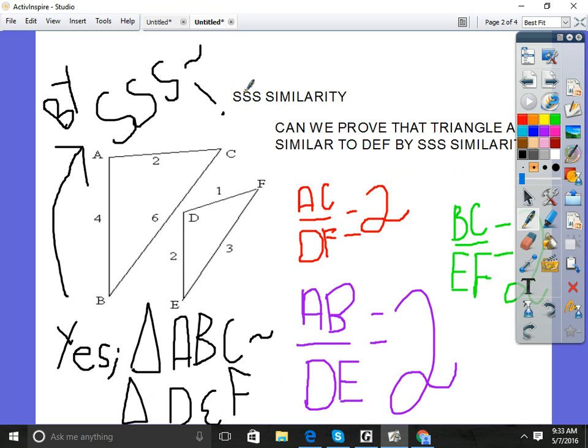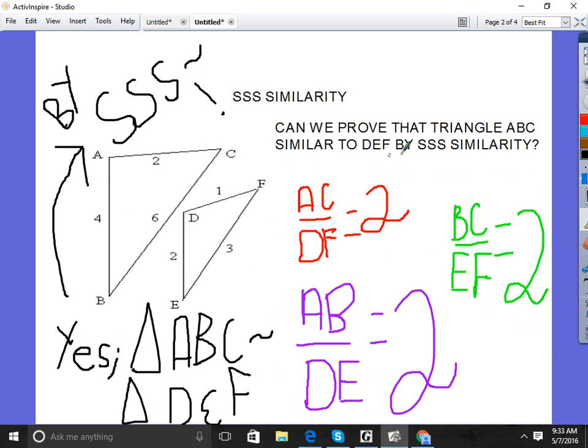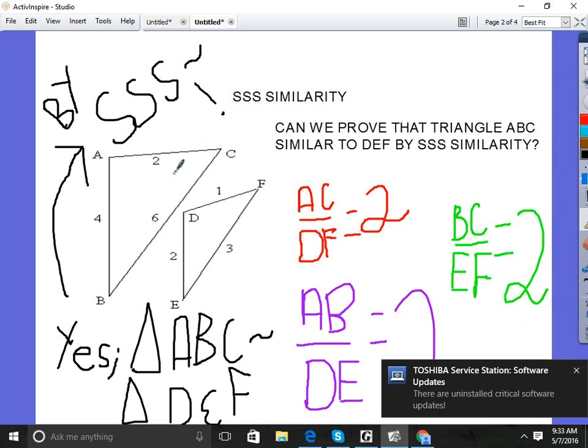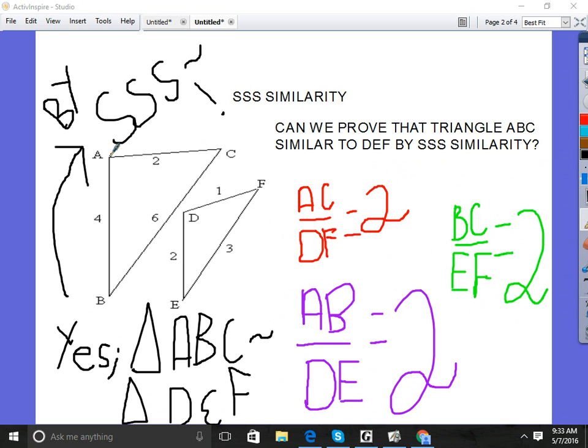Alright, so triple S similarity. Can we prove that triangle ABC is similar to DEF by side similarity? Basically I put the sides in proportion. I first said AC over DF.